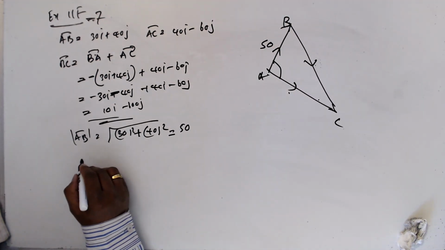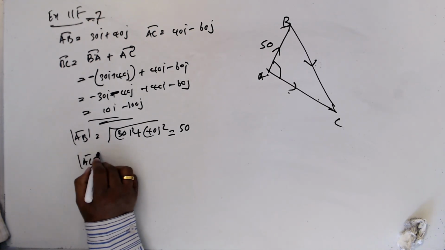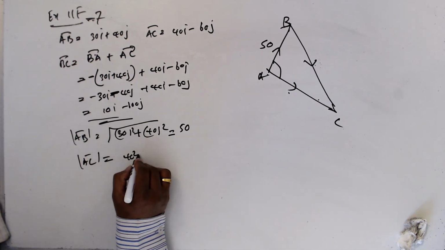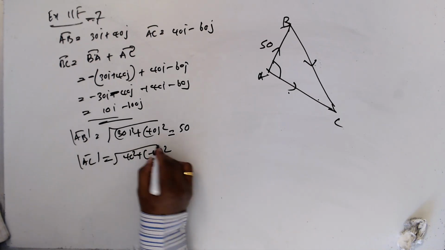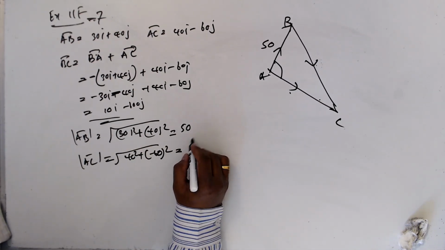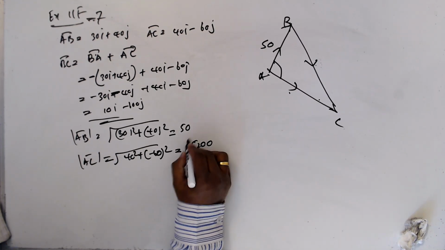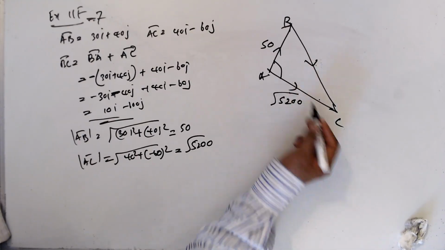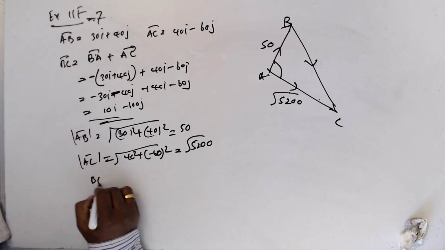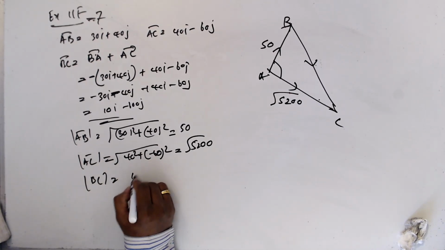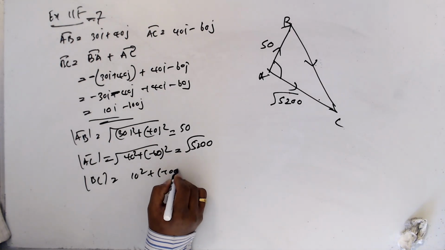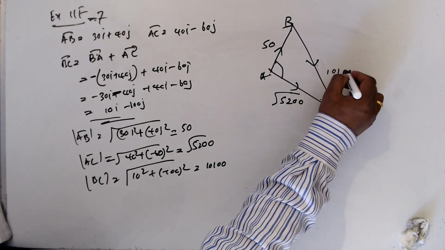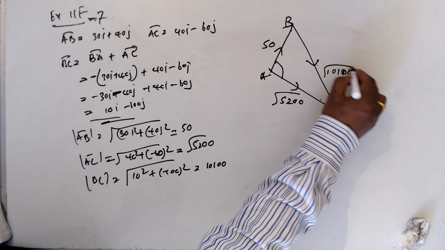And the magnitude of AC is the square root of 40 squared plus minus 60 squared, which is the square root of 5200. And the magnitude of BC is the square root of 10 squared plus minus 100 squared, that is the square root of 10100.